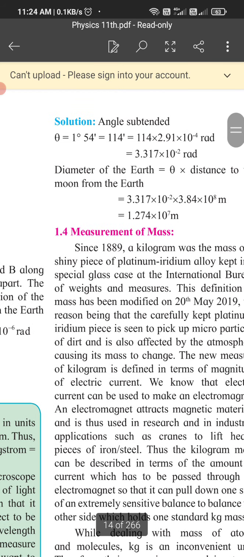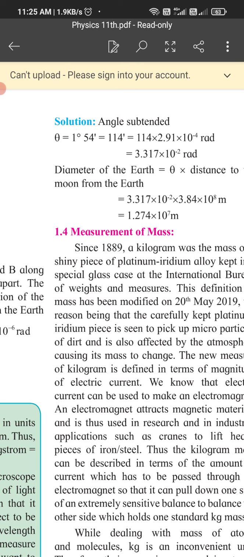Solution: the angle subtended theta is equal to 1 degree 54 minutes. 1 degree is equal to 60 minutes, so 60 plus 54 is equal to 114 minutes. 114 into 2.91 into 10 raised to minus 4 radian, after multiplication, we get 3.317 into 10 raised to minus 2 radian.